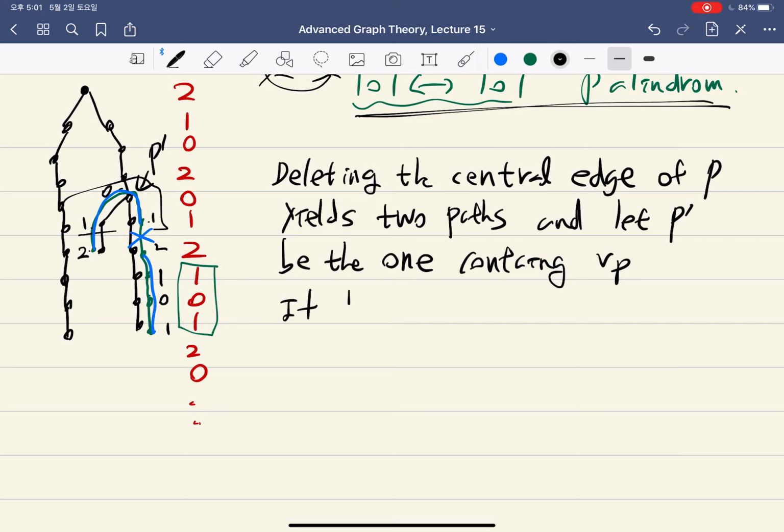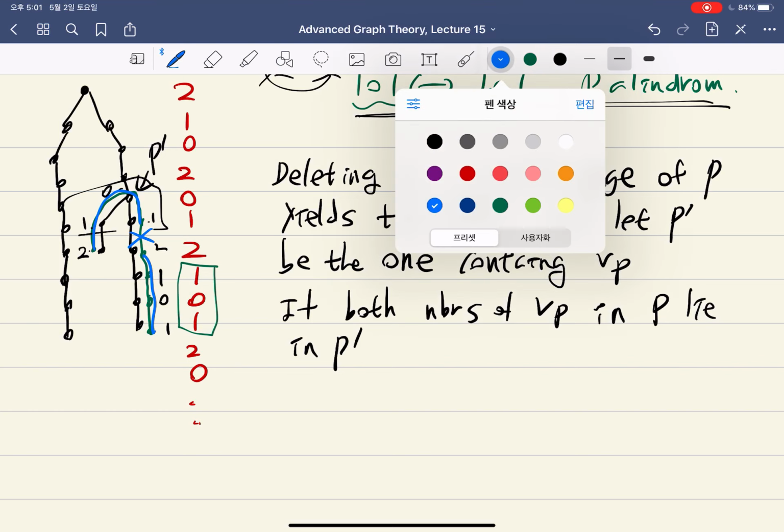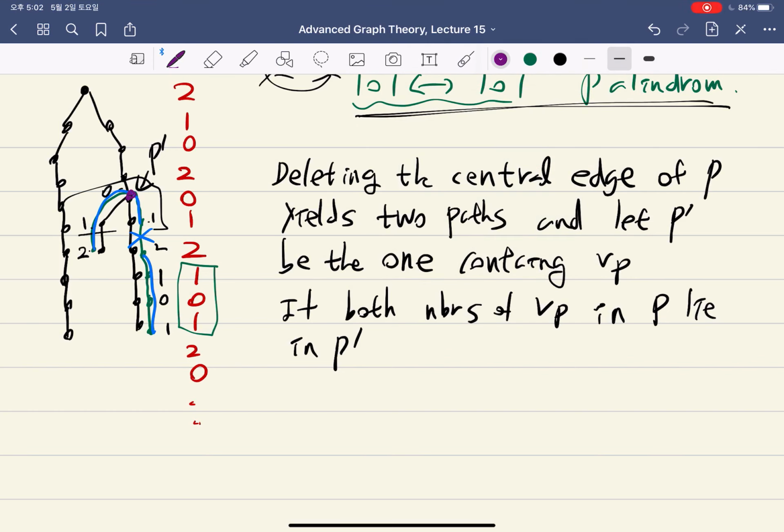So if both neighbors of BP in P lie in P prime, meaning that in this path P, it has two neighbors. So this and this. In the entire tree T, it has also a neighbor here, but that's not in P. So it has two neighbors.